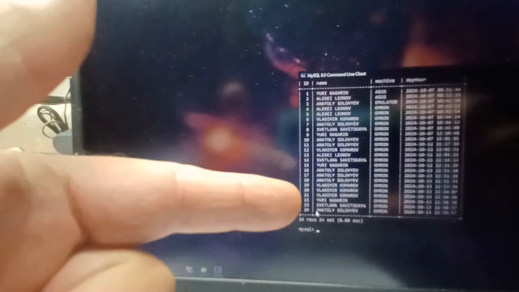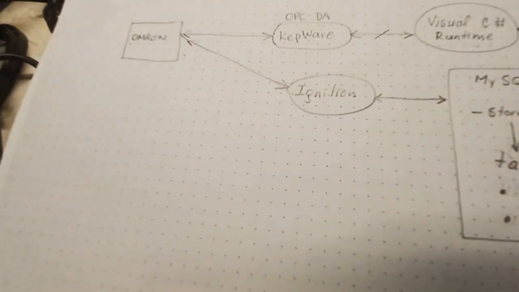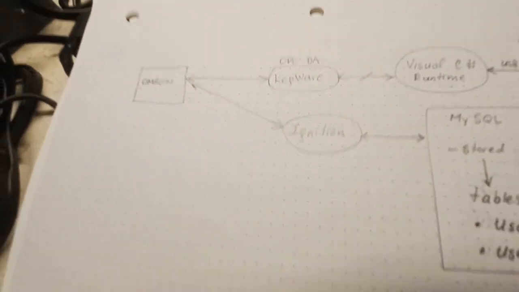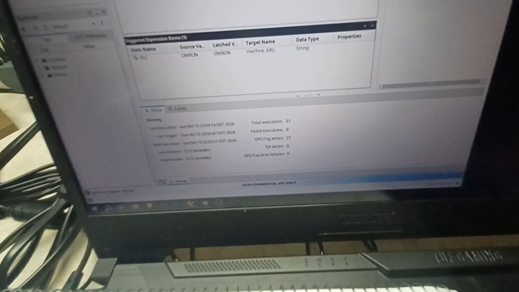So each user, when it batches in, if it's authorized, if it's among the registered users, the Ignition project here will run the stored procedure that I showed in the past.